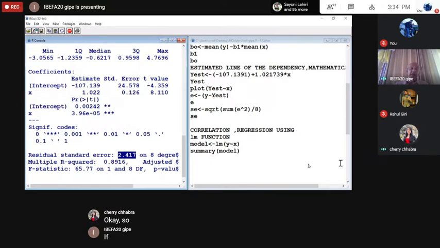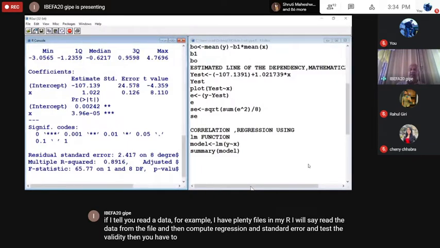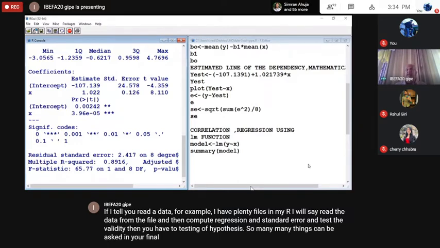If I tell you to read data, for example, I have plenty of files in my R, I will say read the data from the file and then compute regression and standard error and test the validity. Then you have to do testing of hypothesis. So many things can be asked in your final examination.